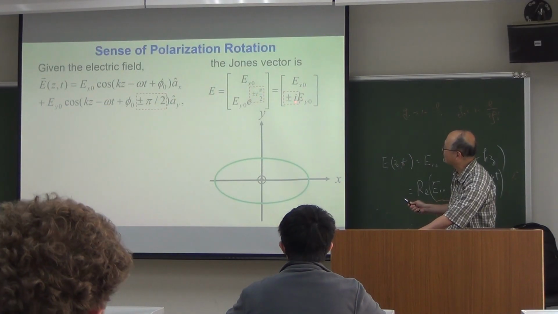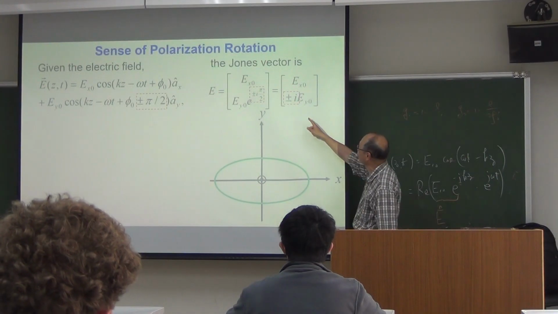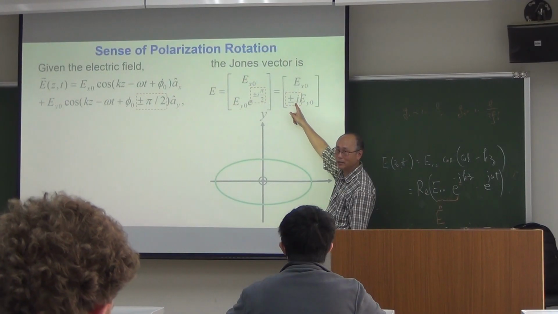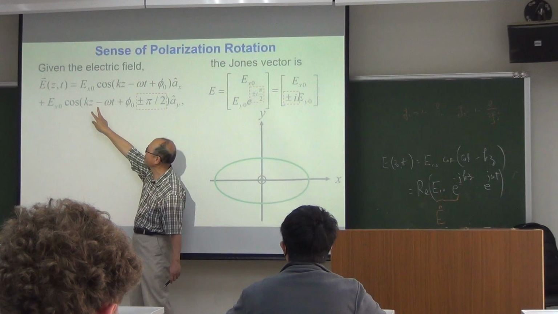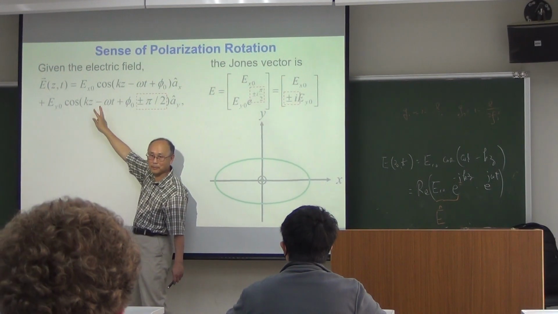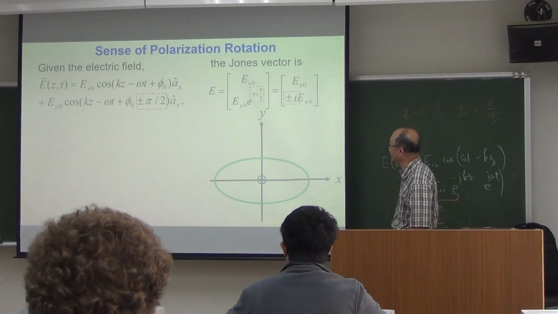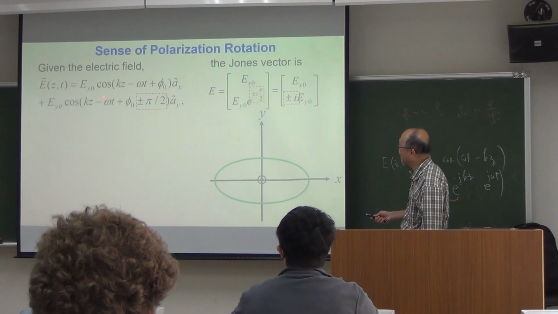Up to this point, we don't modify anything except converting the j into i in the calculation. But the important thing is that when you write i, these two terms are flipped. Let's see what happens. When you flip these two terms, you change the sign of the time.